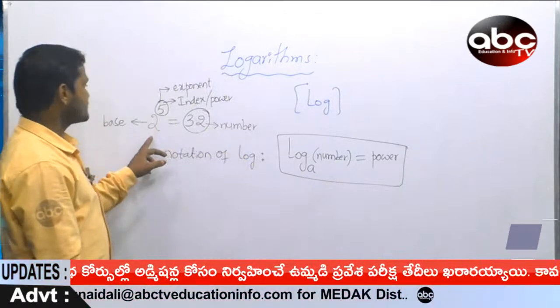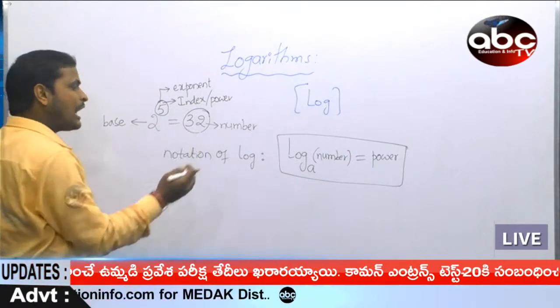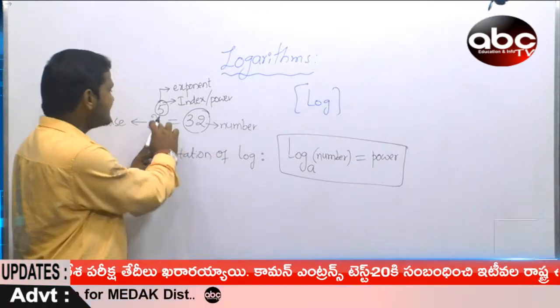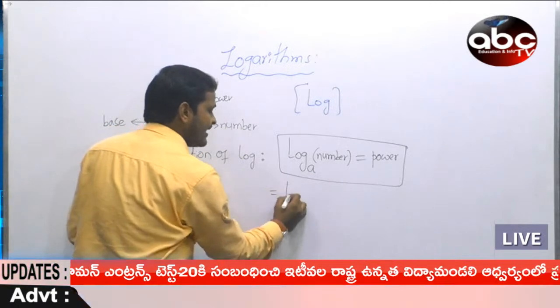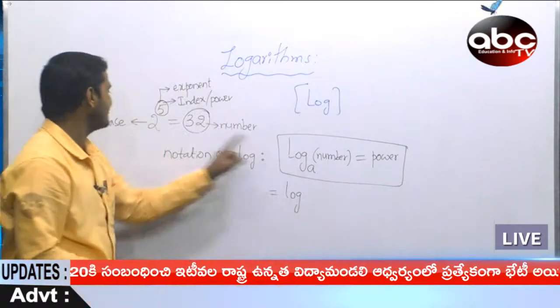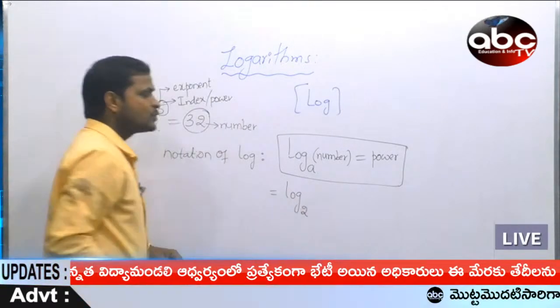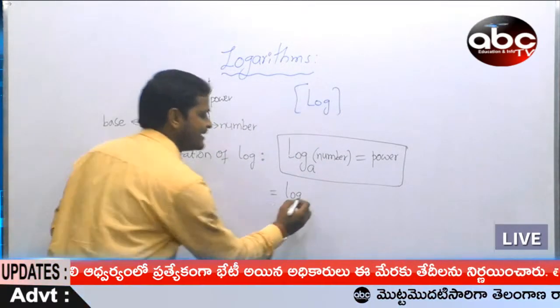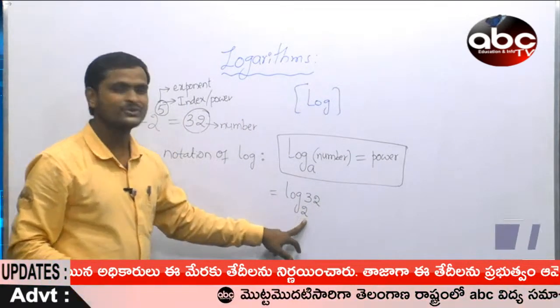Okay, observe students here, you know 2 power 5 is equal to 32. Then how to write this form in log? Okay, you can find log. What is the base here? 2. Log 2, what is the number here? The number is 32, means log 32 base 2.